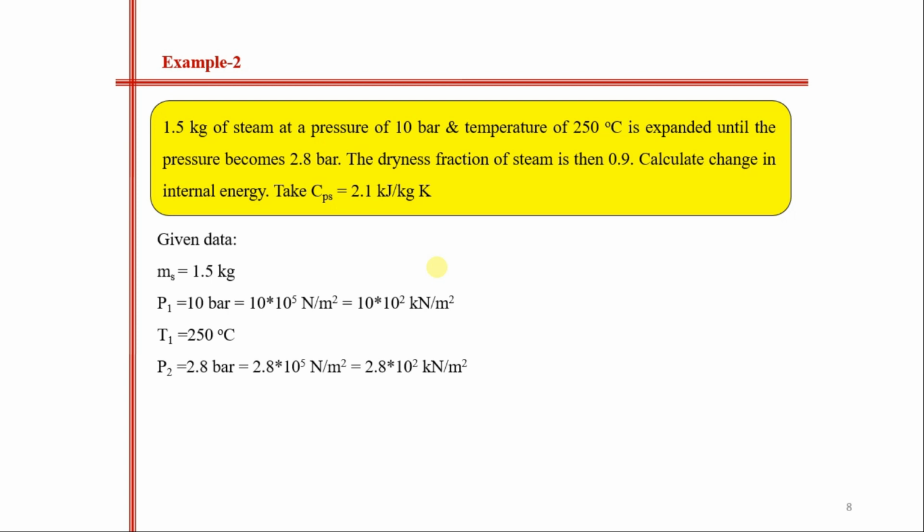The final pressure is 2.8 bar, so converting it into kilonewton per meter square gives 2.8 into 10 raised to 2. The dryness fraction at a pressure of 2.8 bar is 0.9, and we are required to find the change in internal energy, meaning how much the internal energy will change if the steam is expanded from 10 bar pressure to 2.8 bar pressure.